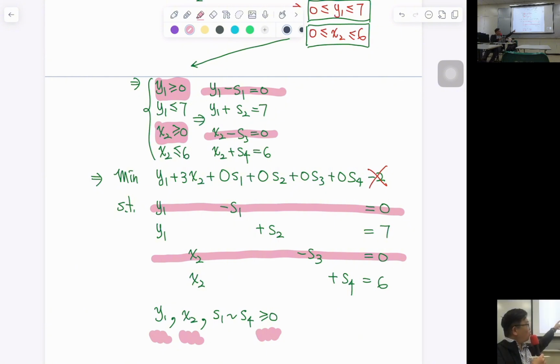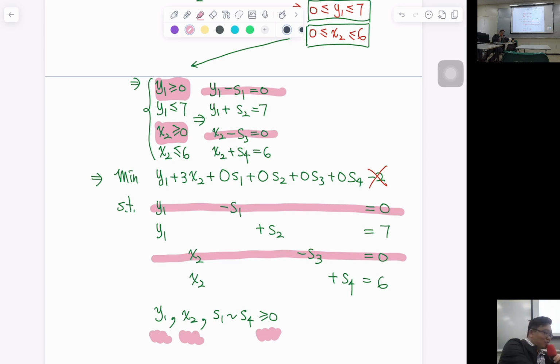Now, when I write down this format, why do I align all the variables properly? Why don't I just put them together? Because later on, we're going to convert this form into the matrix and vector form. So when we align them properly, it helps us.